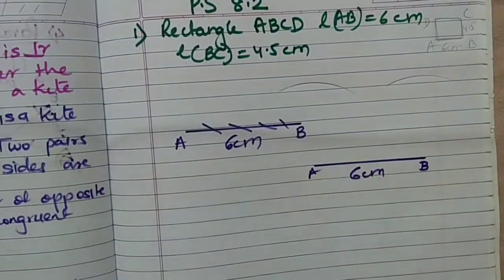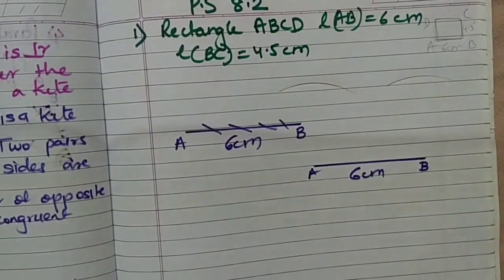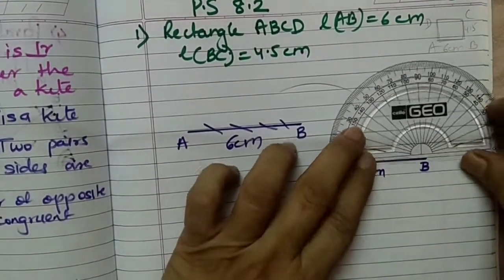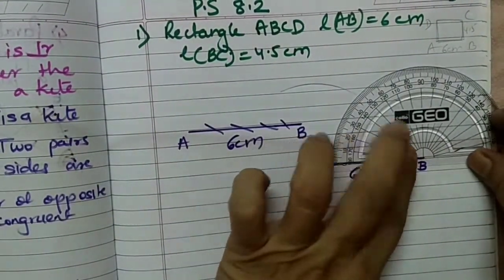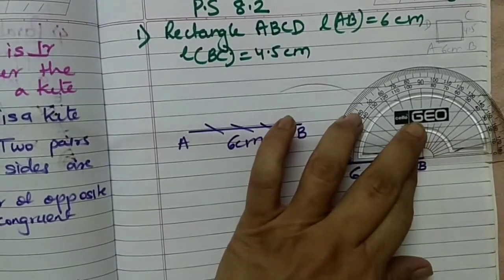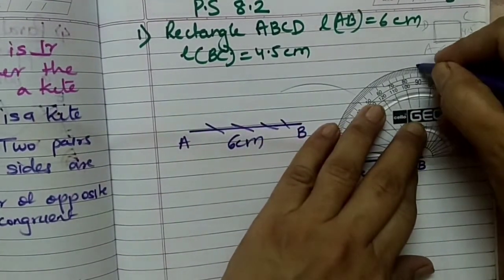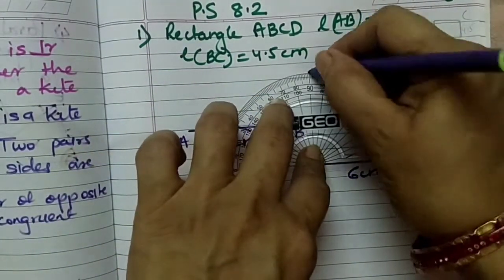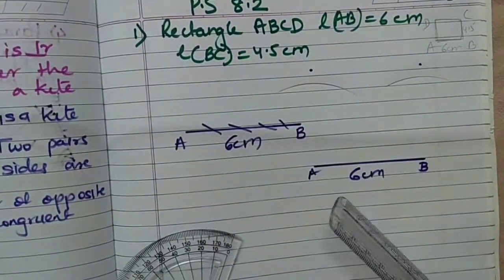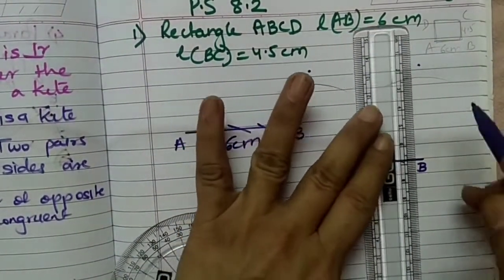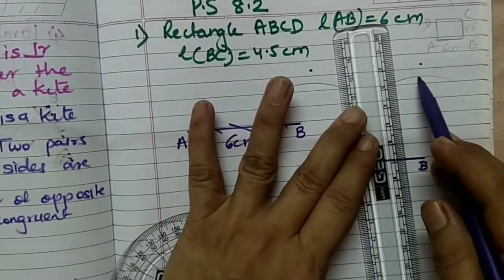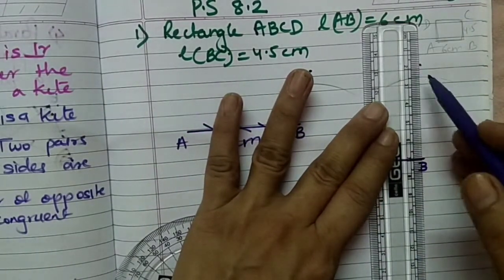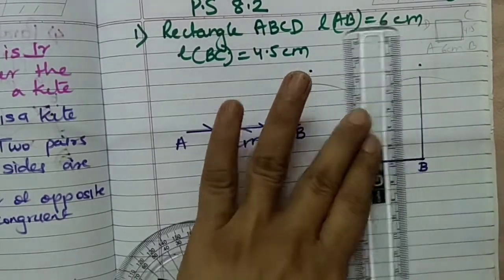What is the other property of a rectangle? That all the angles formed are right angles. So I will mark here the right angle, that is 90 degrees. I will mark 90 degrees here also. Now my 4.5 is over here, and my marking of 90 is here, so I don't have to take it till here. I will just draw up to here.